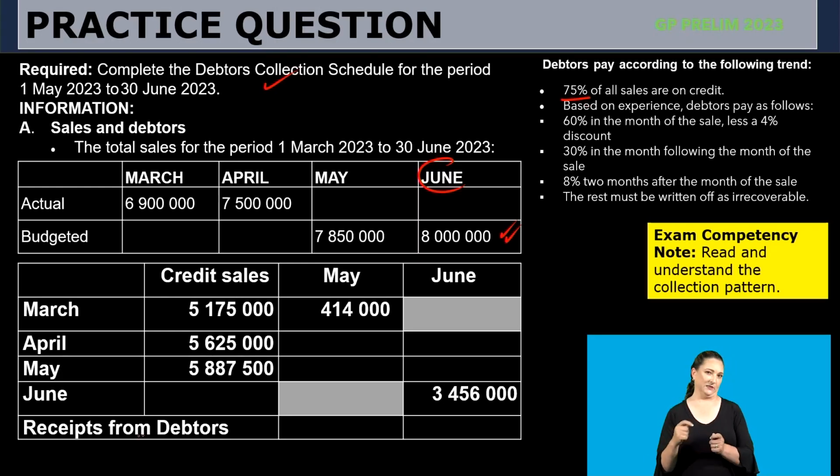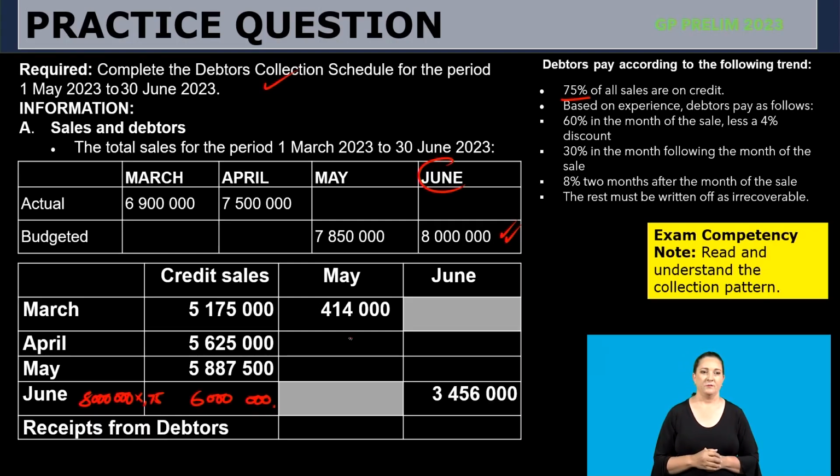So I'll take my total sales of 8 million and get 75%, and 75% of that is 6 million. So here I get 6 million. Okay, so I am done here. There were other ways that you could have done it. I just wanted to show you the quickest way.